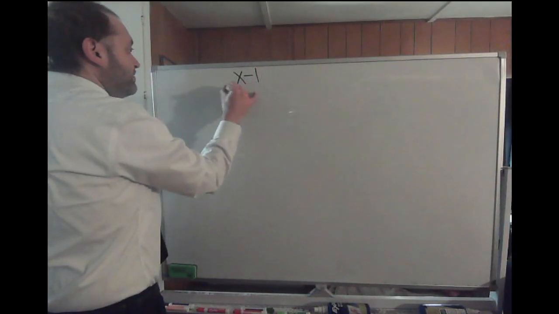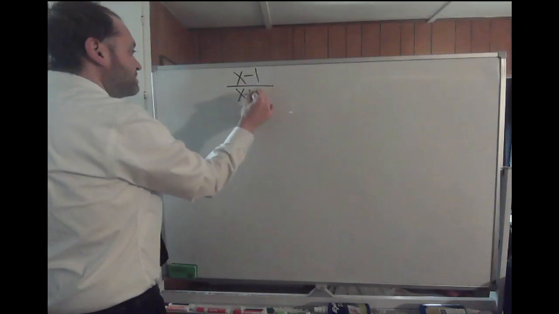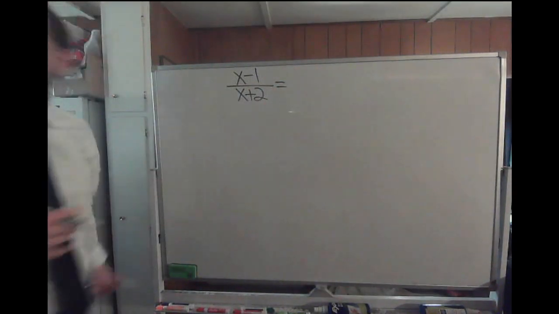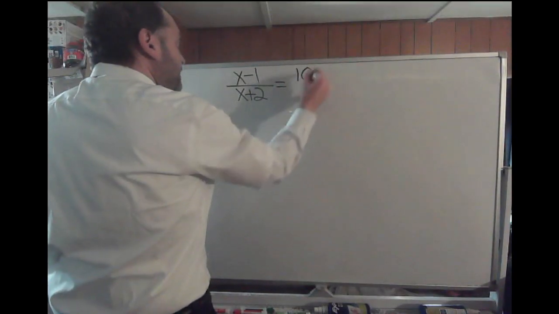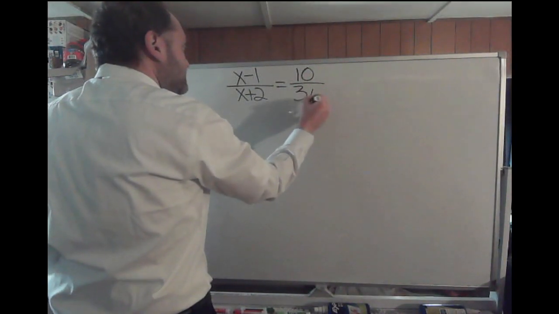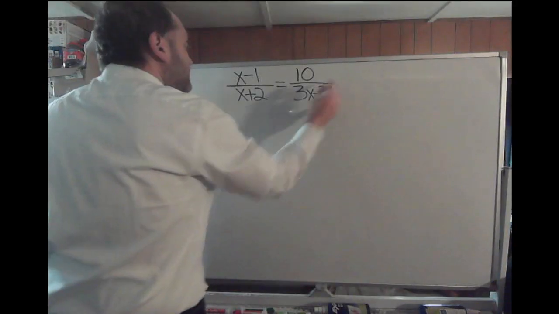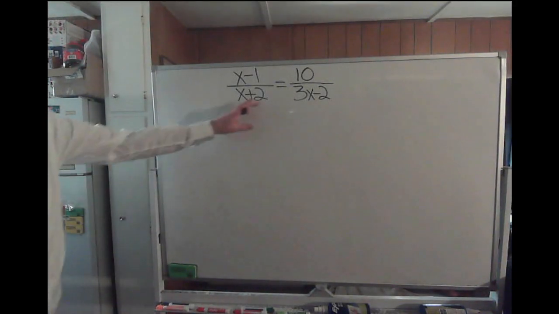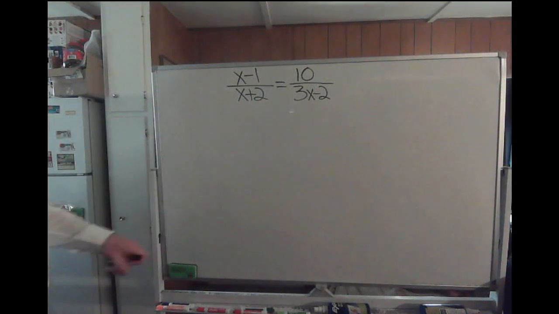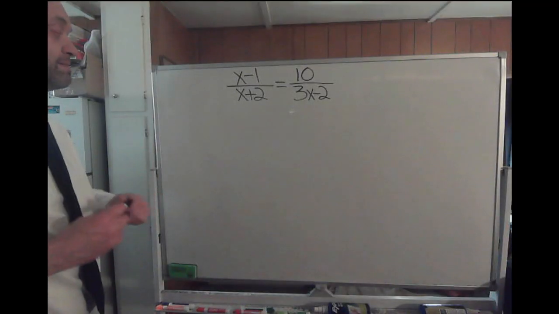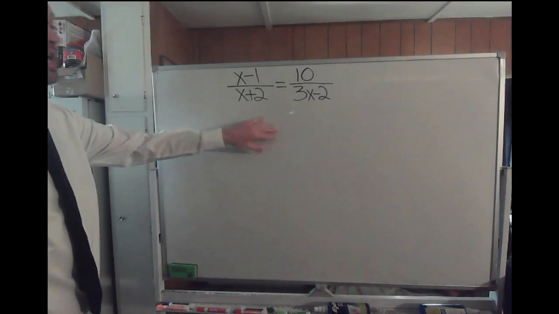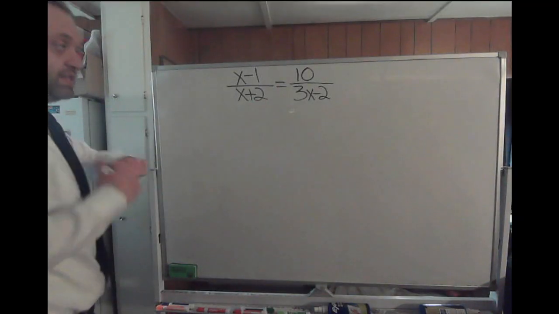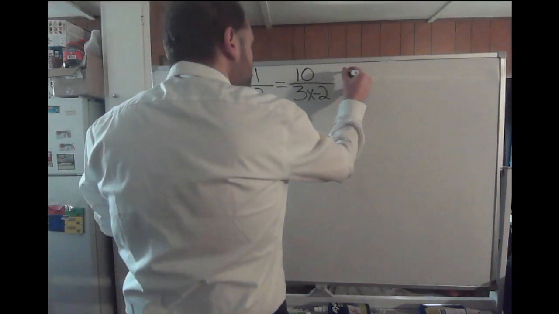Last problem. We have x minus 1 all over x plus 2 equal to 10 all over the quantity of 3x minus 2. Now both denominators have variables, right? So we need to find the value of those variables that would make the denominator equal to 0 and then restrict those values.